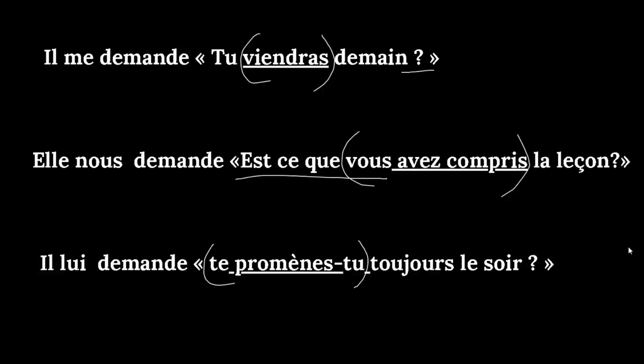The first one has got the future of the verb venir. Second has got the verb comprendre in passé composé, and the third one is a simple present tense of the verb se promener. And we know one thing, that we are going to use si or s' apostrophe to change them into an indirect speech. So we'll keep these things in mind and we'll solve them.